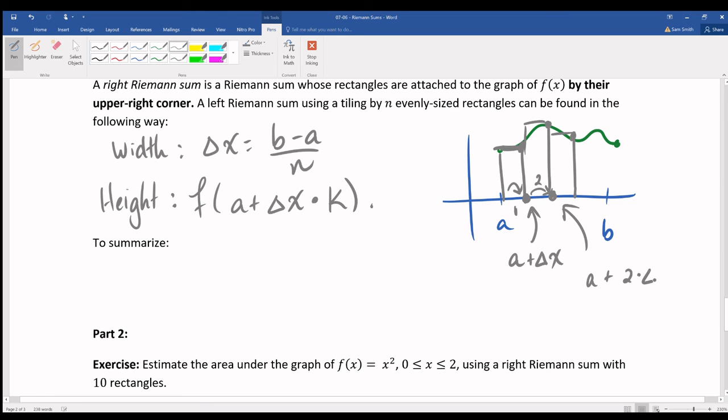So an exact match between the number of the rectangle and the number by which you have to multiply delta x. In sum, for the right Riemann sum, that formula is, go from k equals 1 to n, height, f of a plus delta x times k, times width, delta x, which is given by b minus a over n.